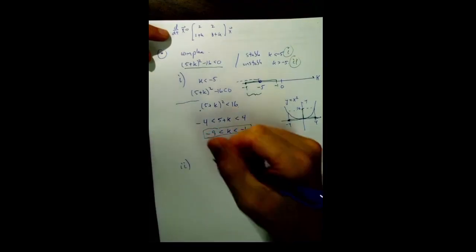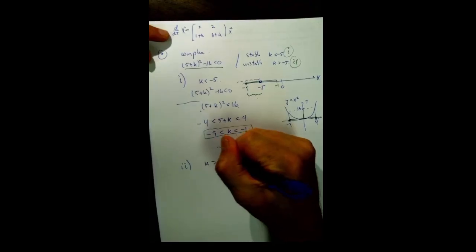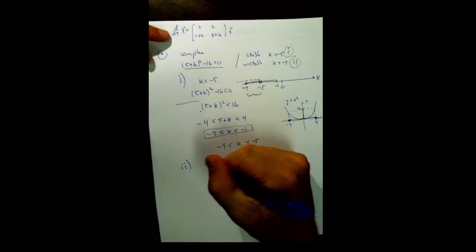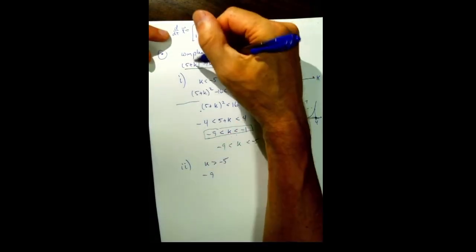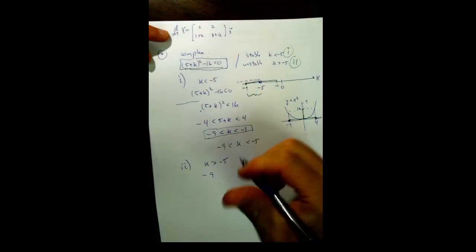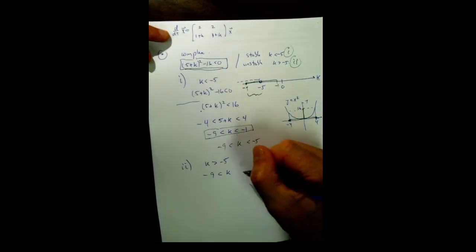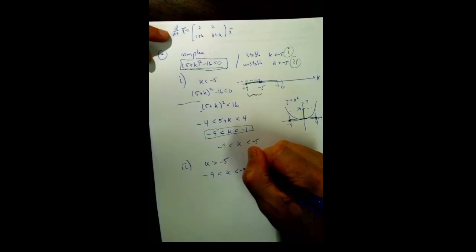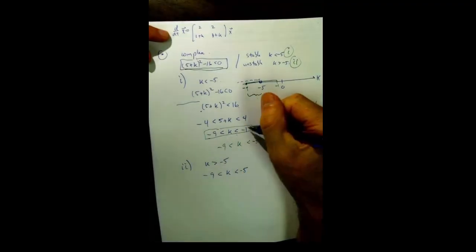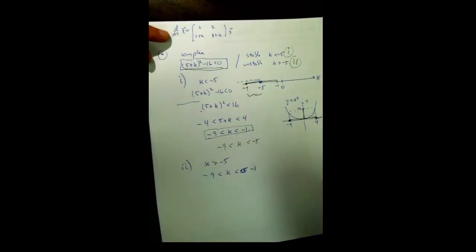Likewise, for the second case, where k is greater than minus 5, everything I just did is still true because I'm still working with a complex case. So I know that k is between minus 9 and minus 1 from here.